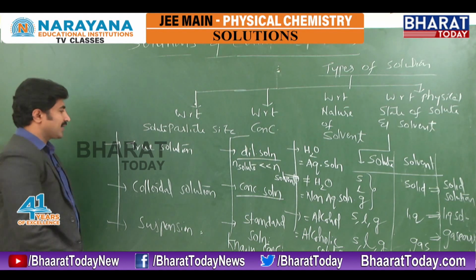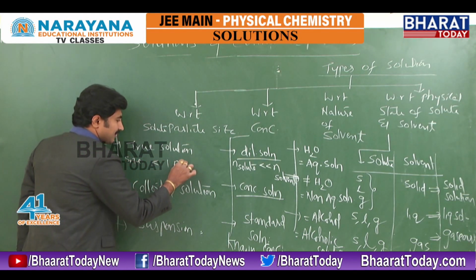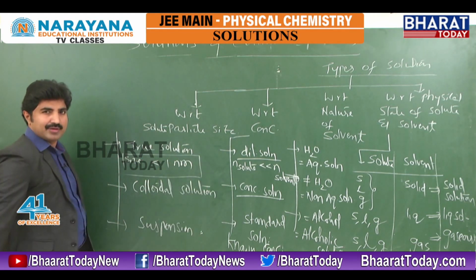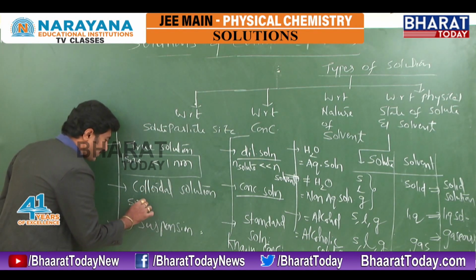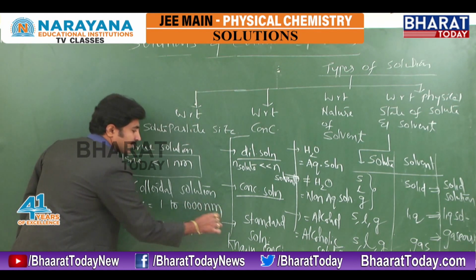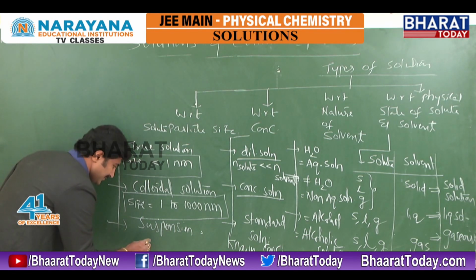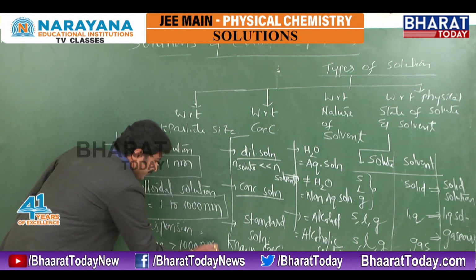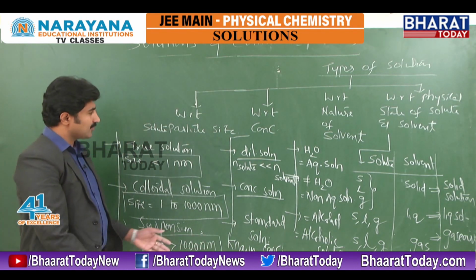In a true solution, the size of the solute particle is less than 1 nanometer. In a colloidal solution, the size of the solute particle is between 1 and 1000 nanometers. If the solute particle size is more than 1000 nanometers, those are suspension solutions.